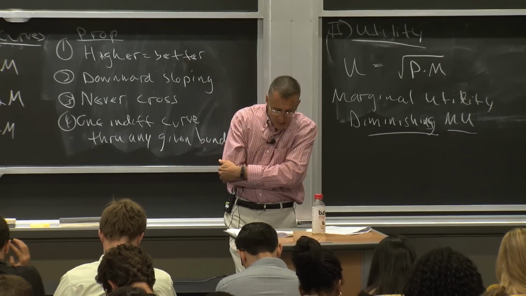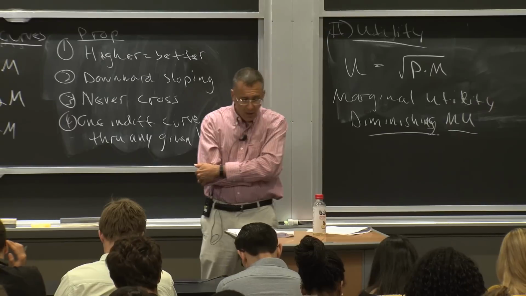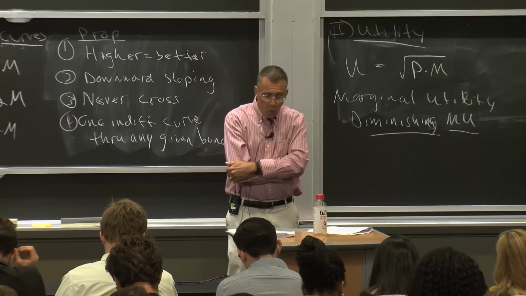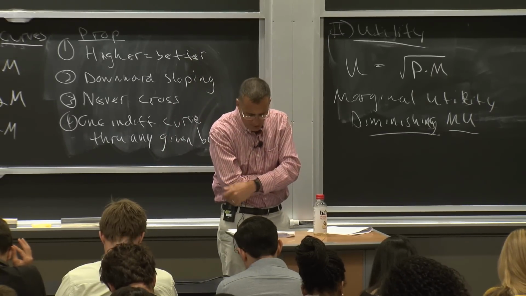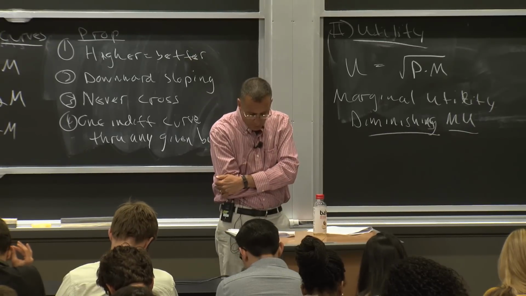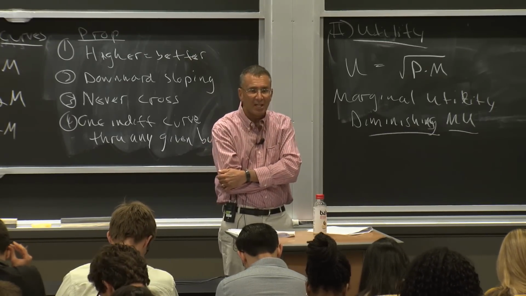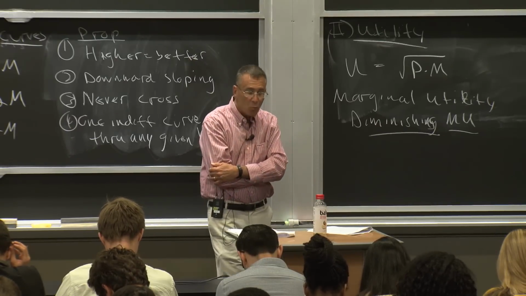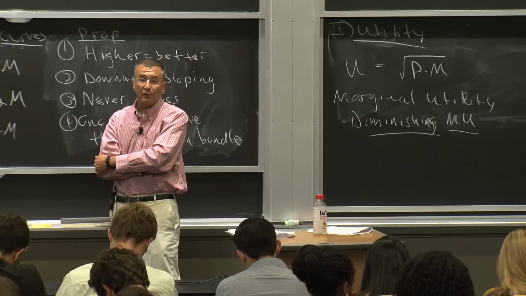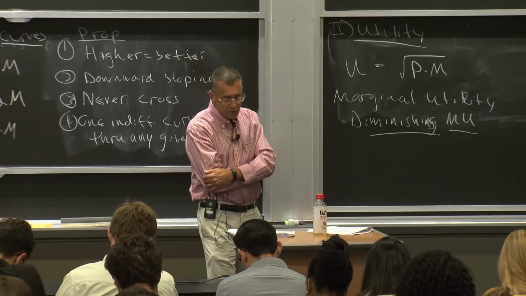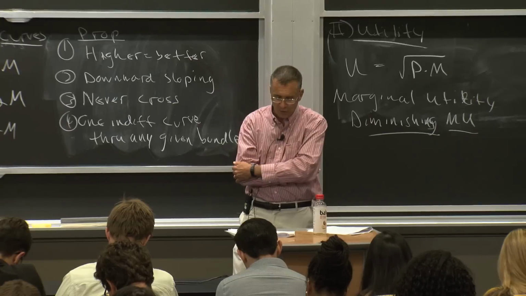Well, in parentheses, the first number is the number of movies you see. The second number is the utility it delivers, the utils it delivers. So you see one movie, your utility is square root of 2, which is 1.4. 2 movies, your utility is 2, which is square root of 4, etc.